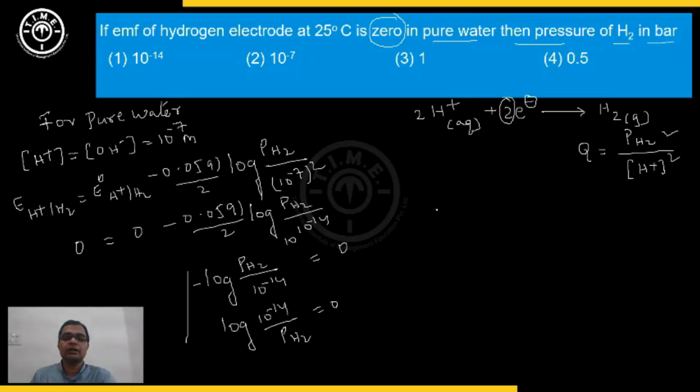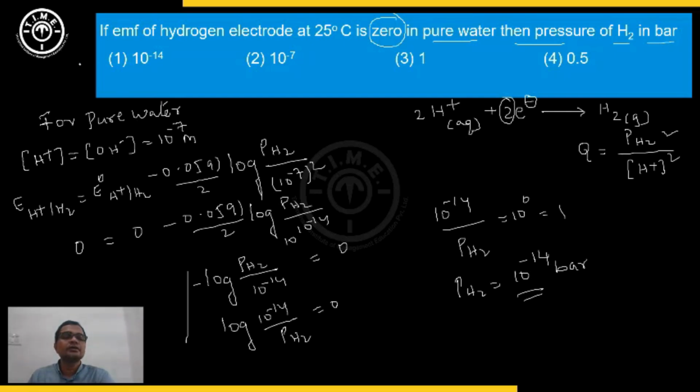If you take the anti-logarithm, then 10 to the power of minus 14 by partial pressure of hydrogen is equal to 10 to the power of 0. 10 to the power of 0 is nothing but 1. Then calculating the partial pressure of hydrogen, it is equal to 10 raised to the power of minus 14. This is in bar units. So the answer would be the first option.